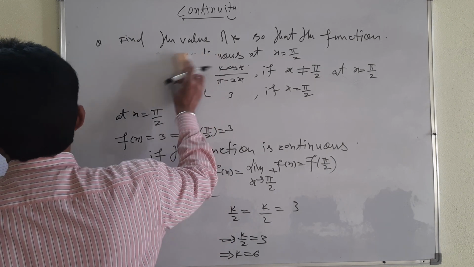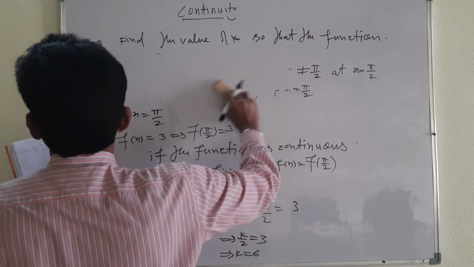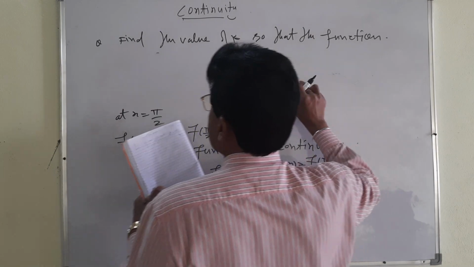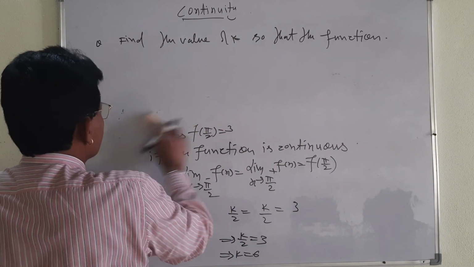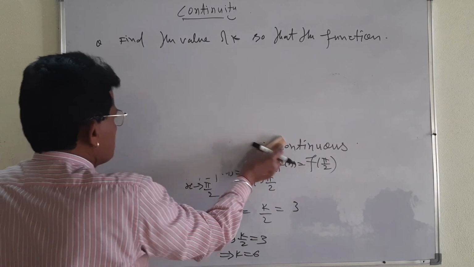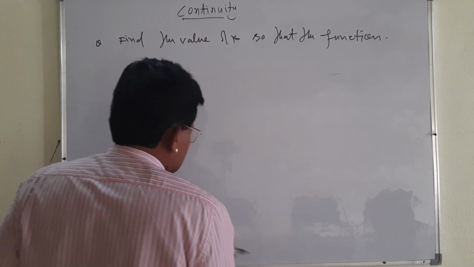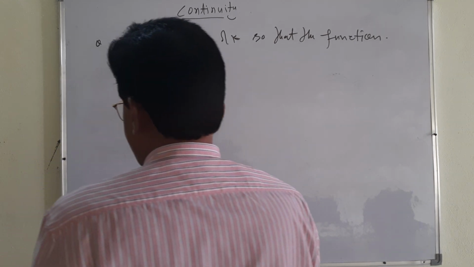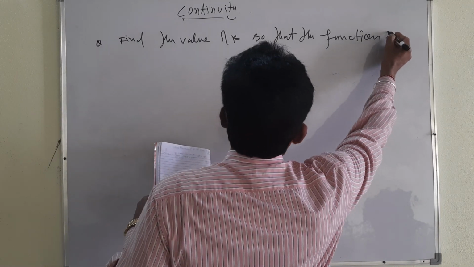Dear student, find the value of k so that the function will be continuous at, see, I am writing the question, which is very, very important. I feel it is a very important question, so that the function is continuous.